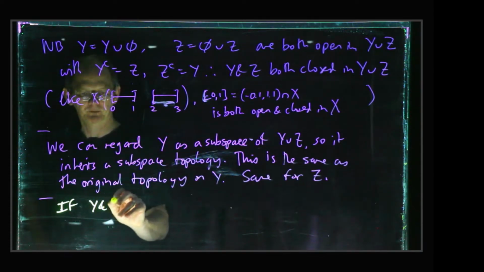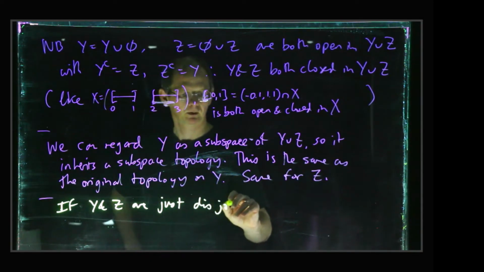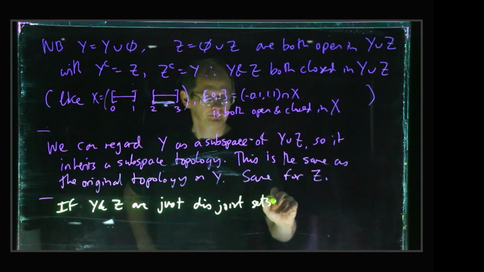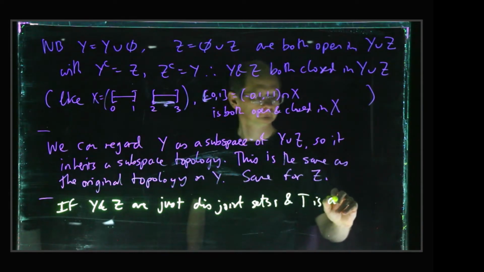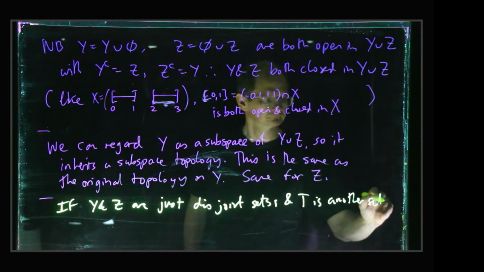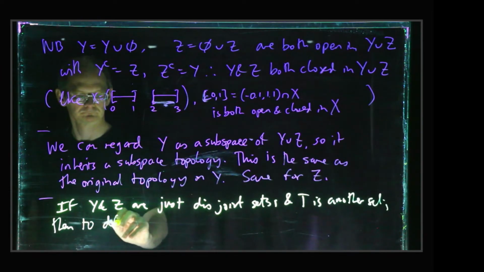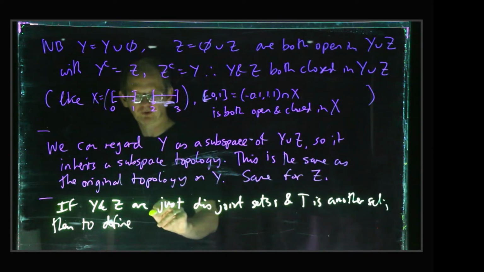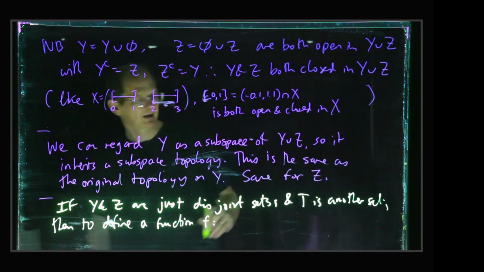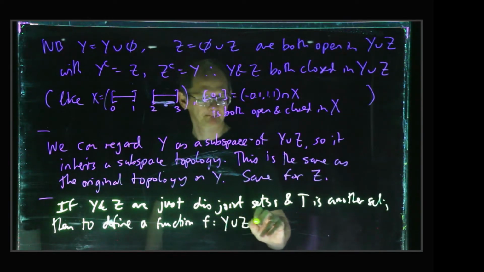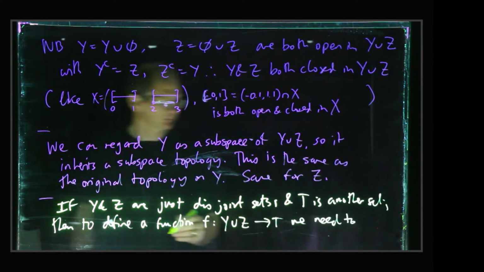If Y and Z are just disjoint sets, and T is another set, then to define a function f from Y union Z to T, we need to just define the restrictions.